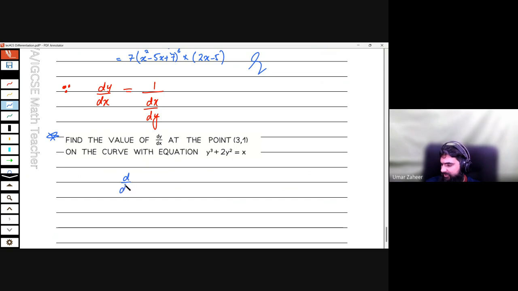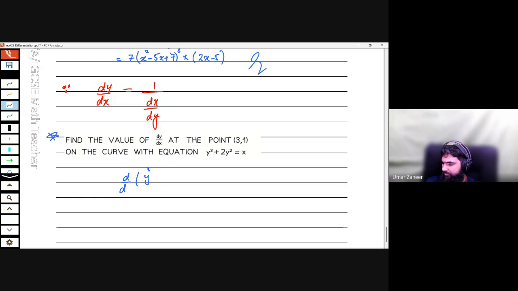So d over dx of x is equal to d over dx of y cube plus 2y square.